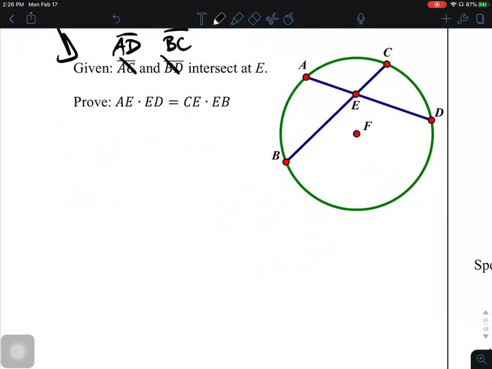Well, let's start out with what's given. Segment AC and segment BD intersect at E. That's obviously given.